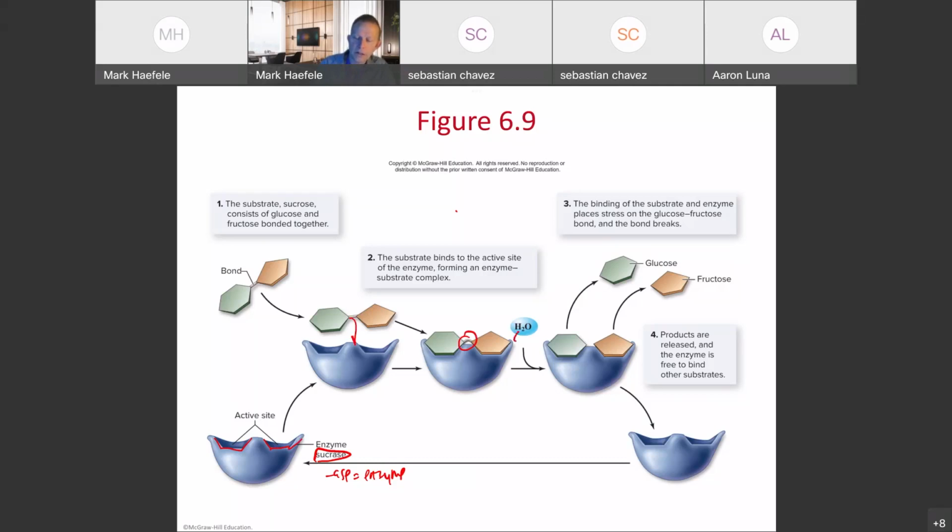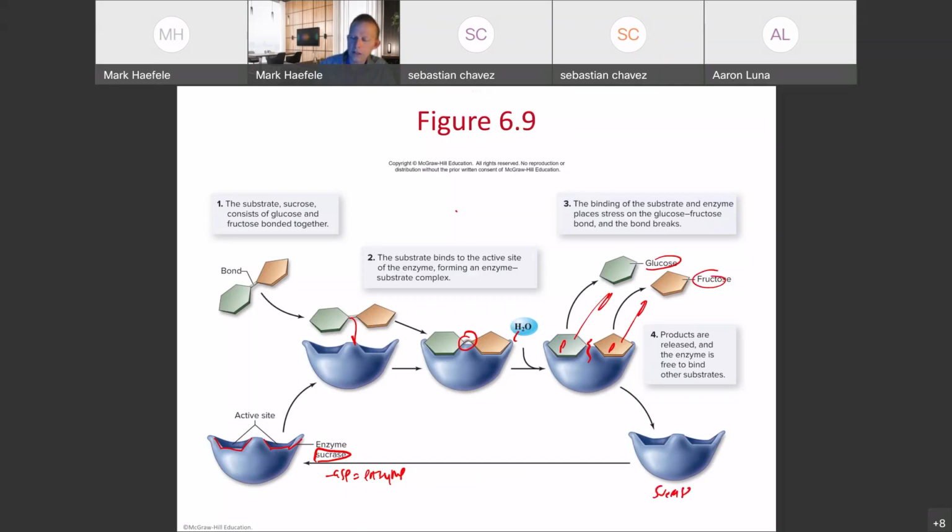Water comes in, because it's a hydrolytic reaction, and that breaks the bond. As soon as it breaks that bond, it ceases to be sucrose and becomes glucose and fructose, in which case you're talking about products, not substrate. These pockets are only designed to fit substrates, not glucose and fructose. So it kicks the glucose and fructose out. And then what you get is your sucrase back with the active sites.